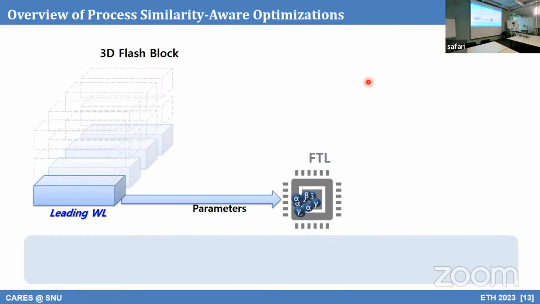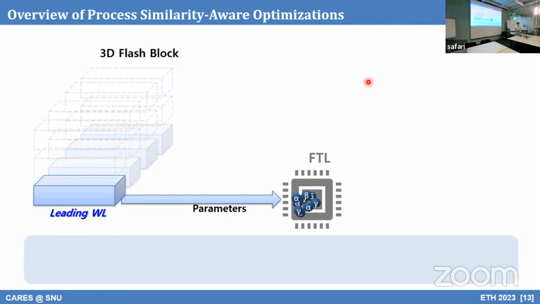So that's the process variability aspect. Here, for process similarity, you have multiple word lines within the same block, and depending on the horizontal layer, no matter where vertically, they have the same characteristic. But among them, there is a big process variability.